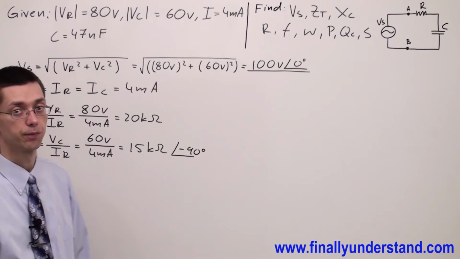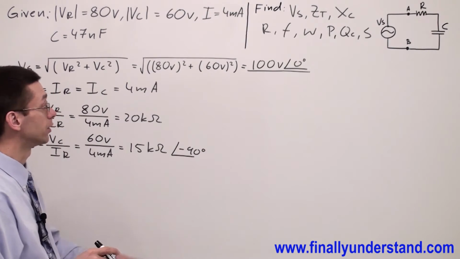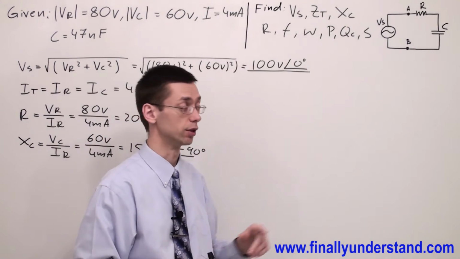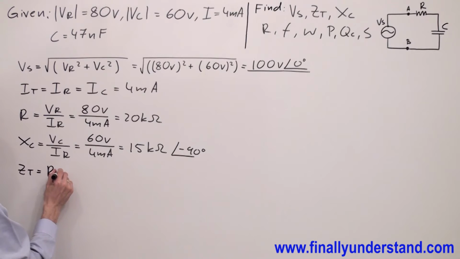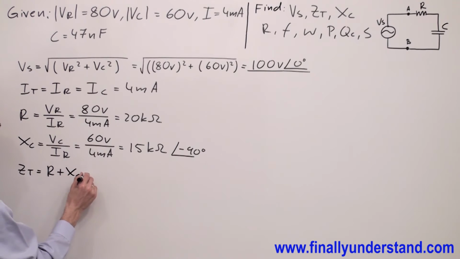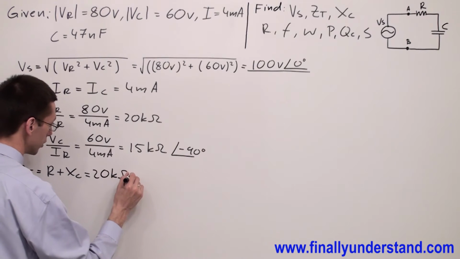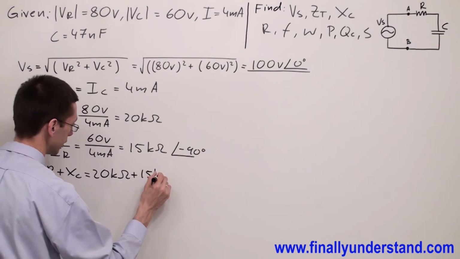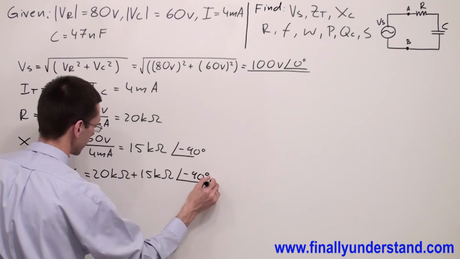We found the resistance and we found the capacitive reactance, and we know that this is a series circuit. In order to find Z total, I'm supposed to simply add these two values together. So I have Z total is equal to resistance plus X of C. So I have 20 kilo ohms plus 15 kilo ohms and angle of negative 90 degrees.